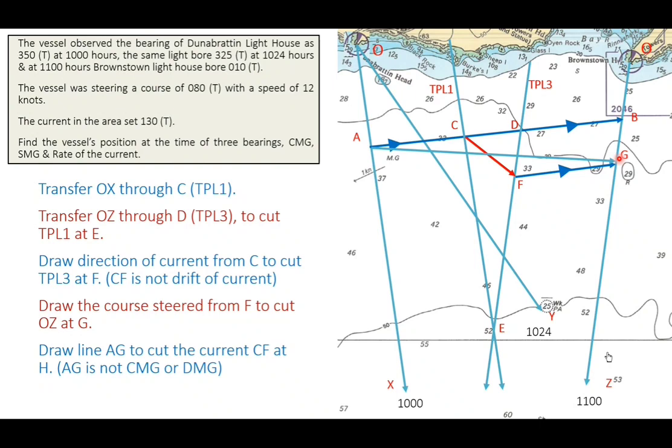Be clear in your mind that this line is not our course made good line or anything else. This is just a line which we have drawn following the stepwise procedure. The course made good will be found a little later. At this point this line does not represent anything, but it is required to complete the plot.